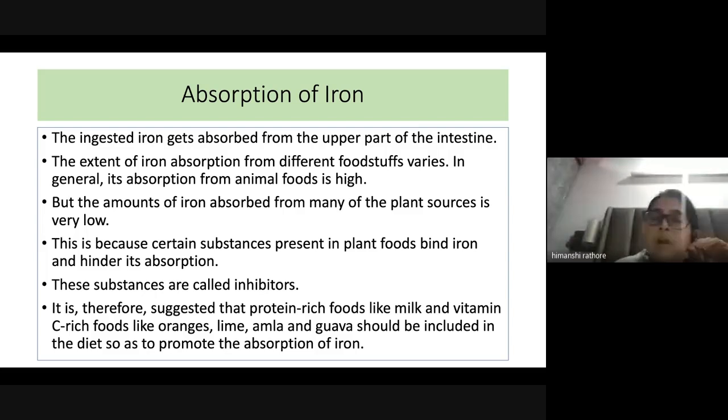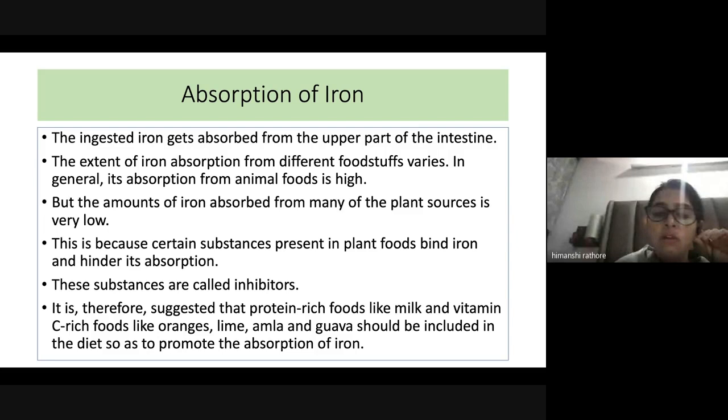Adding lemon will start improving the absorption of iron. So this is one way for vegetarians to promote the absorption of iron.